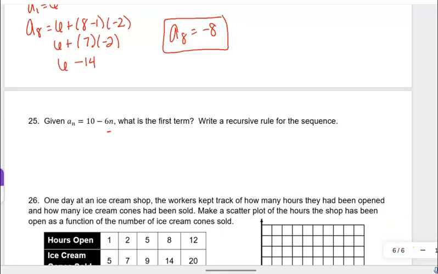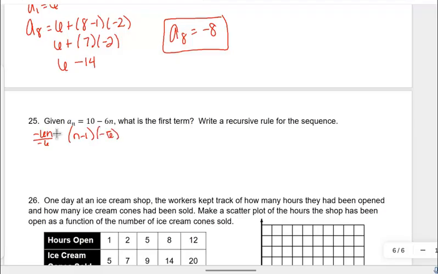Okay, so 25 says a sub n equals 10 minus 6n. What is the first term? Write a recursive rule for that sequence. So I'm going to look at the negative 6n, and I know I have to make it n minus 1. So I'm going to have n minus 1 times negative 6.